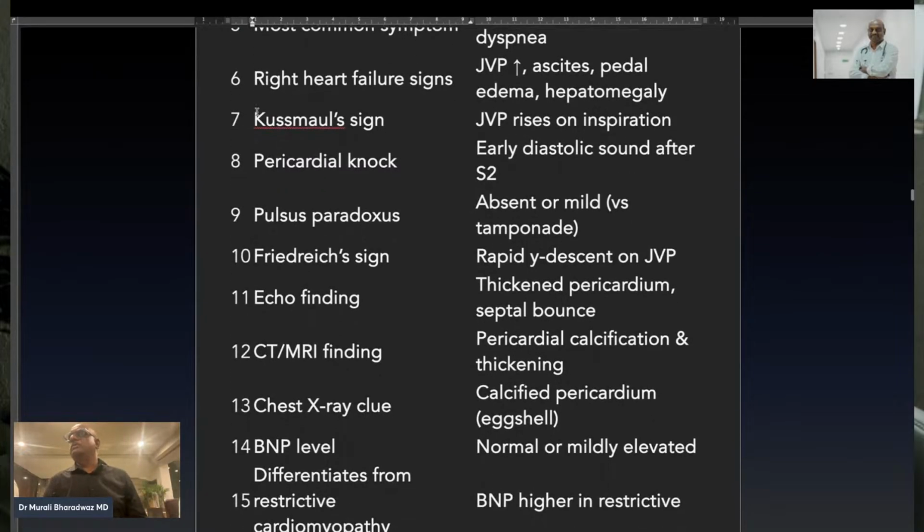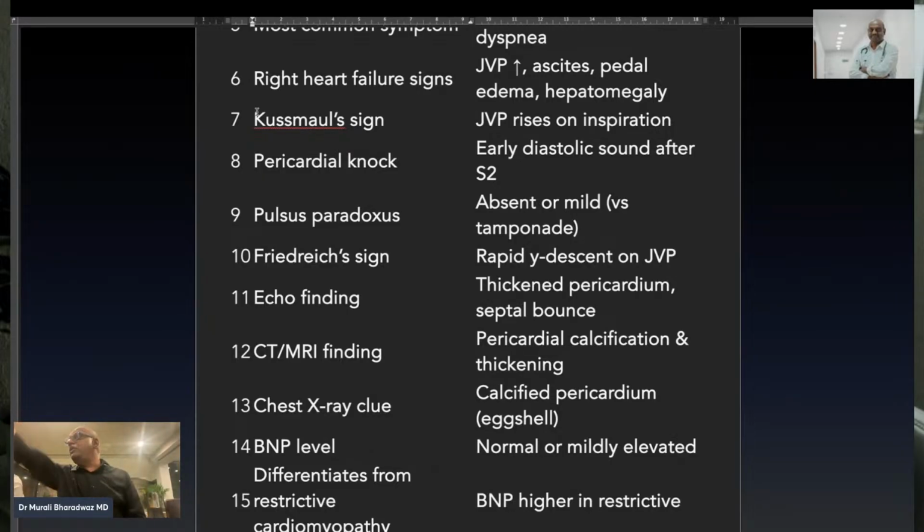And how do you know? Pericardial knock, which is an early diastolic sound after S2. Why pericardial knock? There is a tough sheet of pericardium around the heart, and when in diastole the ventricle is getting filled, it is expanding and hitting the thick pericardium. That is the underlying cause.